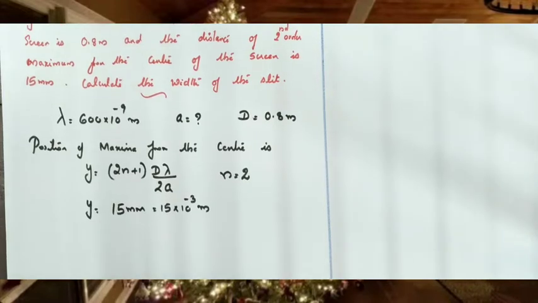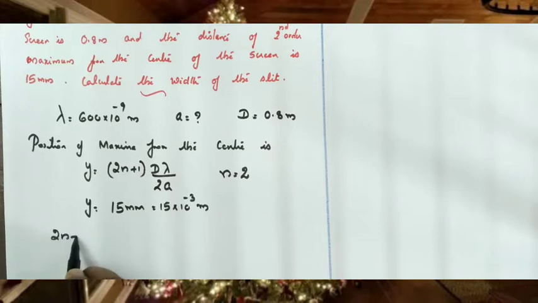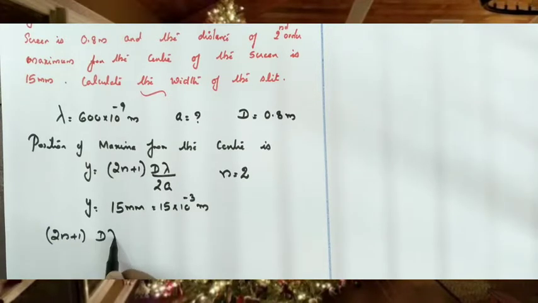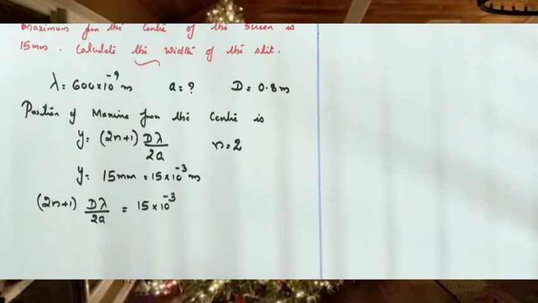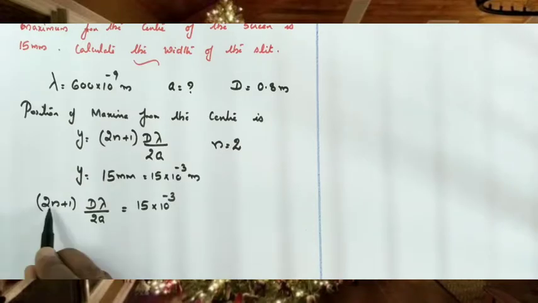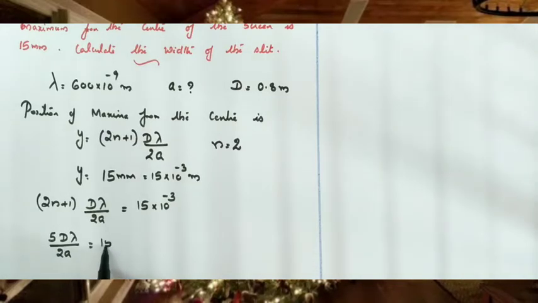We can use the formula (2n plus 1) into D lambda by 2a equal to 15 into 10 raised to minus 3. So, n equal to 2, that is 5 D lambda by 2a equal to 15 into 10 raised to minus 3.